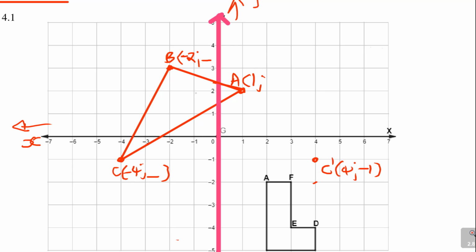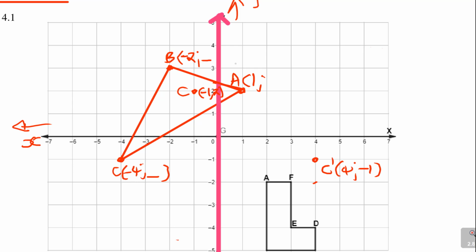I hope this doesn't change here. This is our point C. It becomes 1 and what? In this case, C is negative 1. Right? Negative 1, and in this case 2.